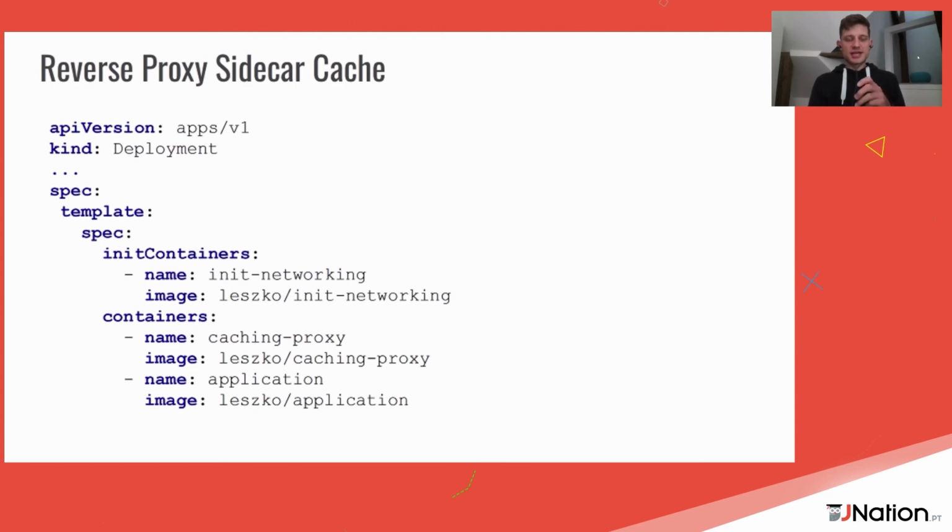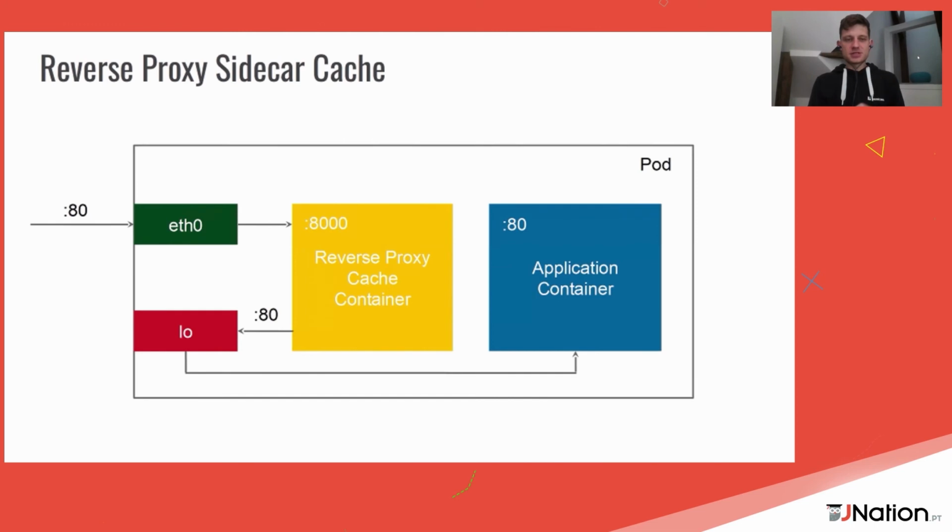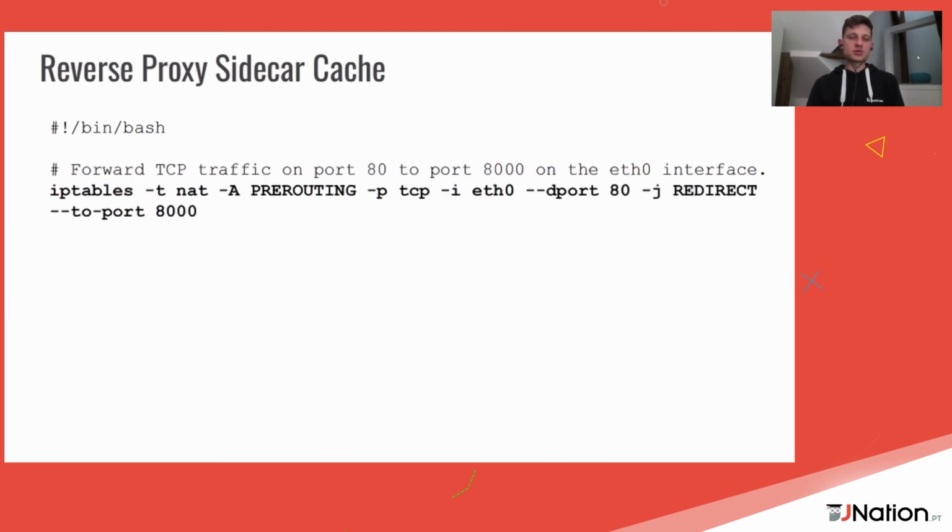We need to change the IP tables so that the request from outside on the port opened by the application doesn't go to the application, but it goes to this reverse proxy cache container. And the requests from inside the pod, they go to the application. And we can tweak it with a simple script put in an init container. That is the whole script. So please change the IP tables.